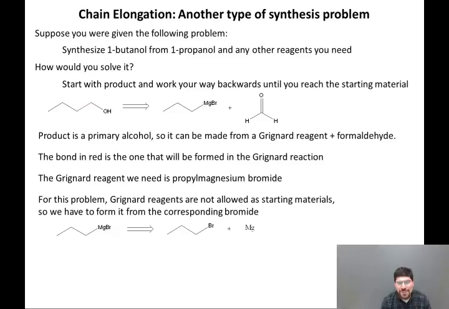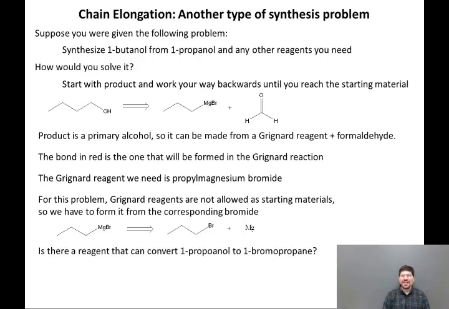Now, for this problem, Grignard reagents are not allowed as starting materials. So we're actually going to have to form the Grignard reagent from the corresponding bromide, and you remember that that happens in the presence of magnesium metal in ether.